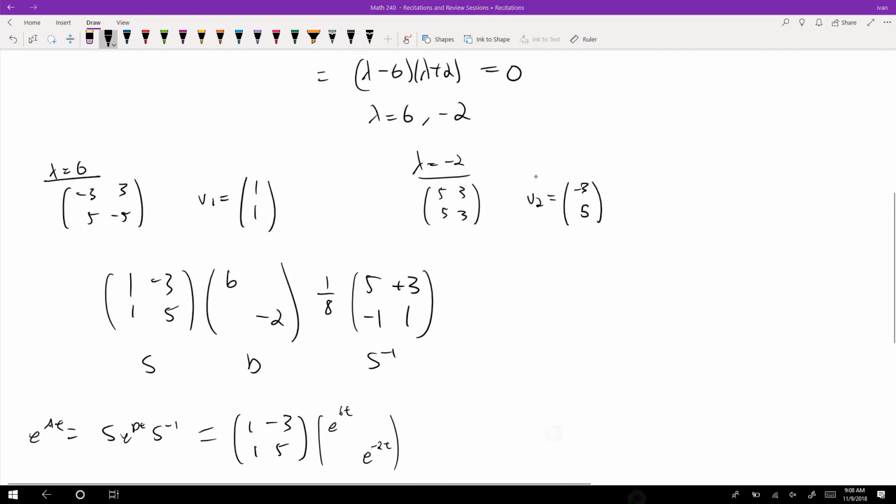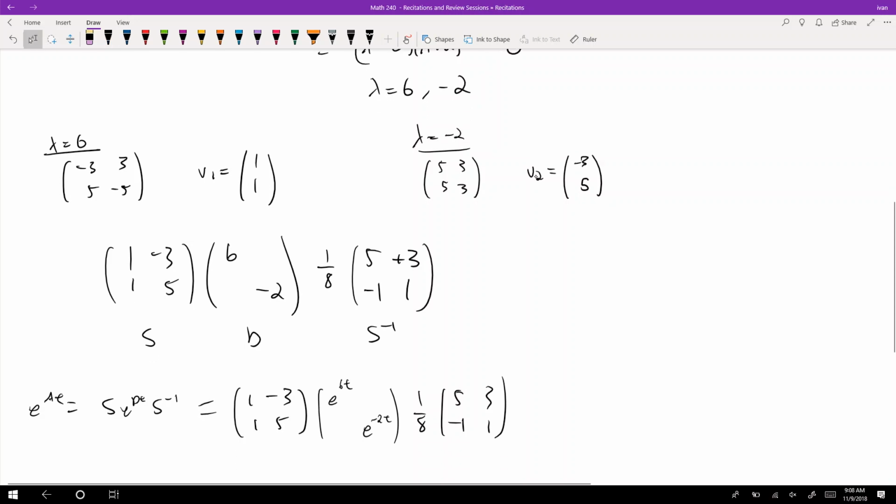And then you have your inverse matrix 5, -1, 3, 1. So again, e to the Dt is not hard to find, which is why we do this. Once you have the diagonal matrix, e to the Dt is one step away.